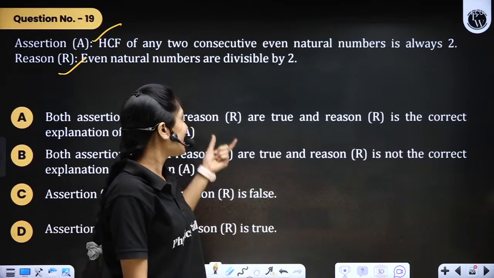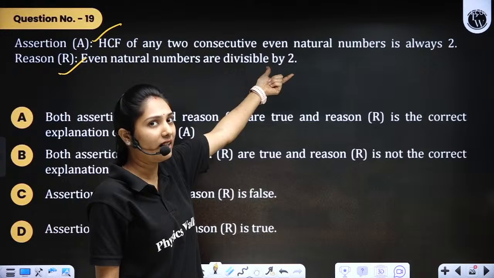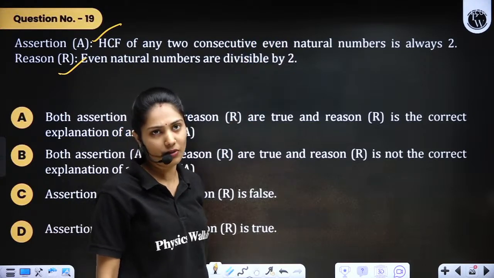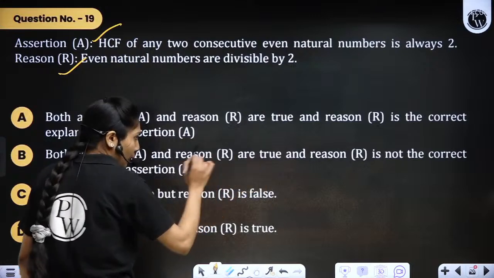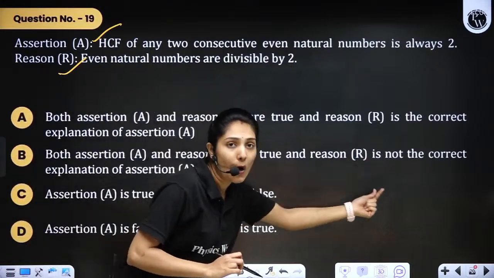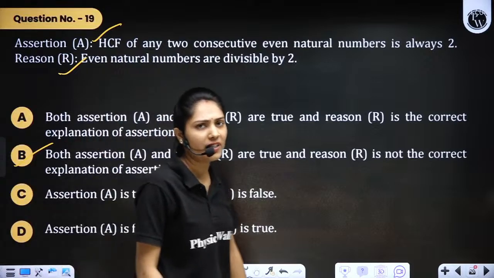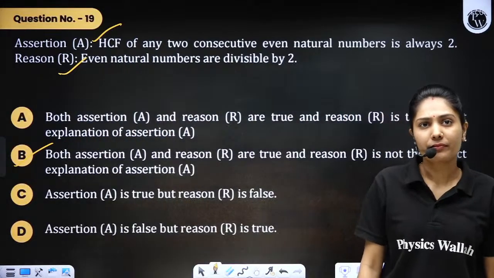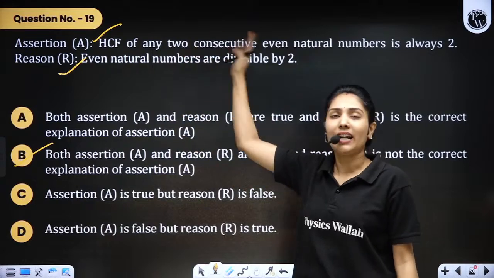Although it is a true statement, it's not the reason for the first one. So here both assertion and reason are true, but reason is not the correct explanation of assertion. Even though we are not aware of the second one, we can still say that the first one is correct.